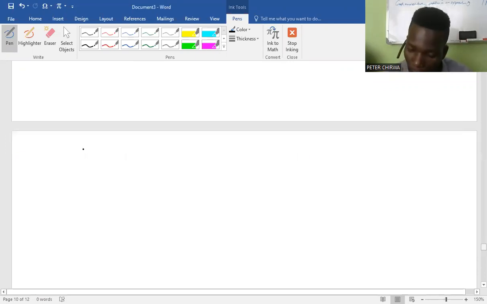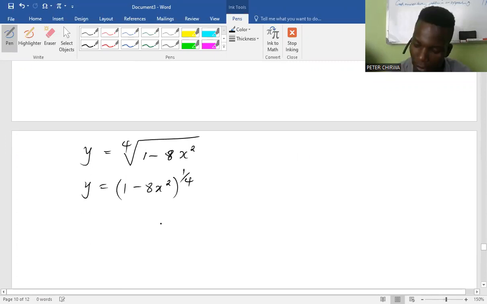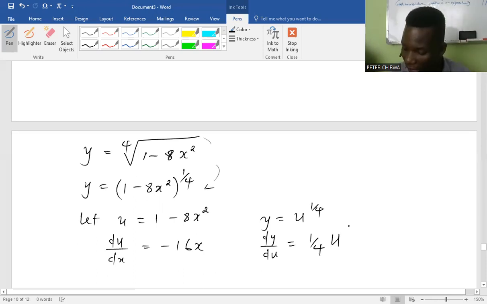It's like this: the fourth root of 1 minus 8x squared. The first thing we can do is write this one as (1 minus 8x squared) to the power 1 over 4. With u equal to 1 minus 8x squared, the derivative of u with respect to x is negative 16x. With respect to u, we're going to have 1 over 4 u to the power negative 3 over 4.